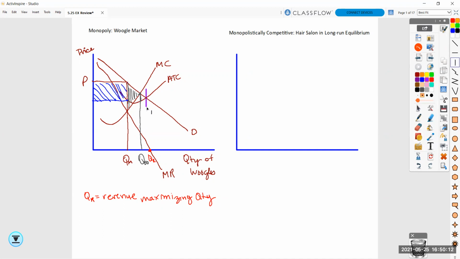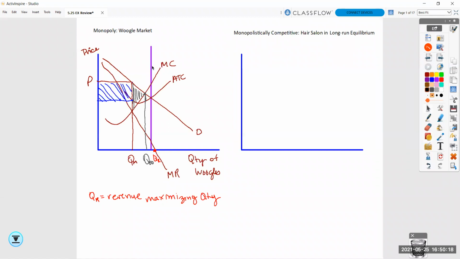I'm using my straight line tool because I knew it was going to come close to that. No idea why that line just went in both directions. And I'm going to star that. And that is the break even quantity.